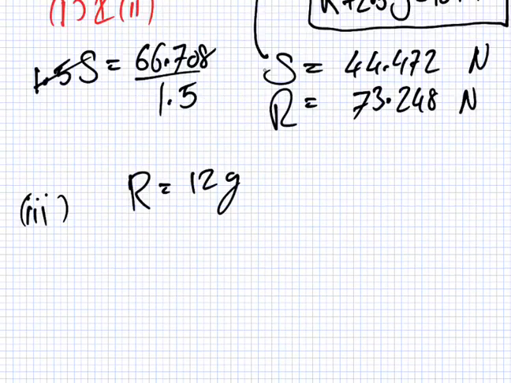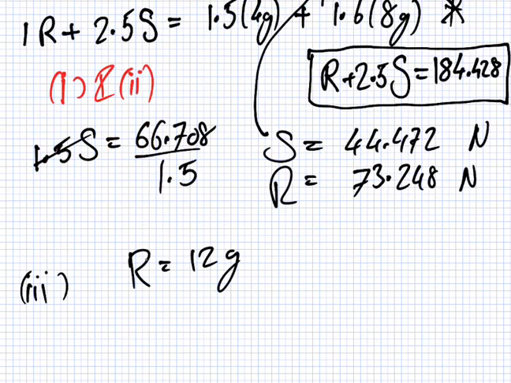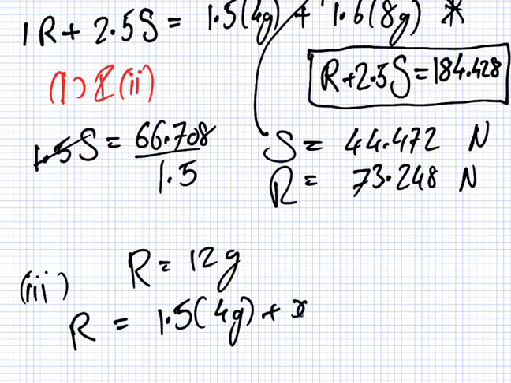And now for the second one, I have R plus 0, because that's gone, equals 1.5 times 4G plus X times 8G.